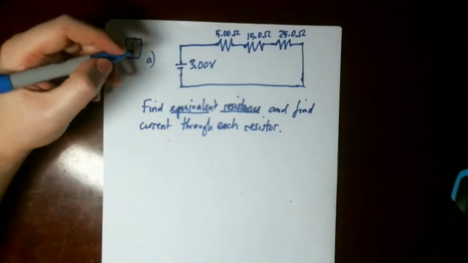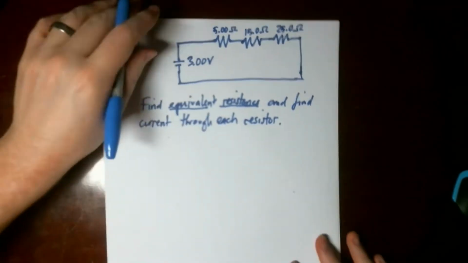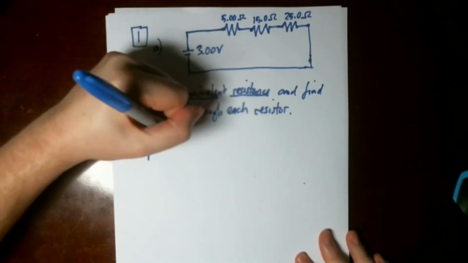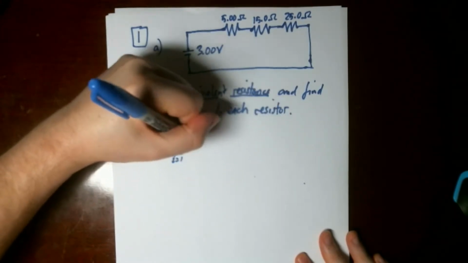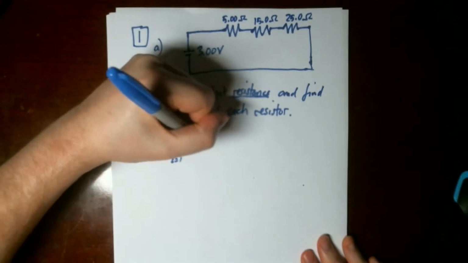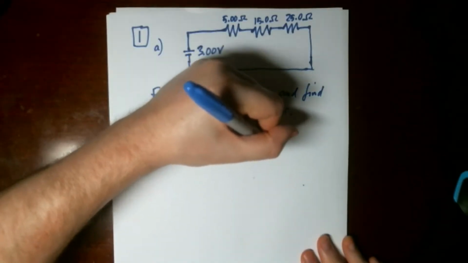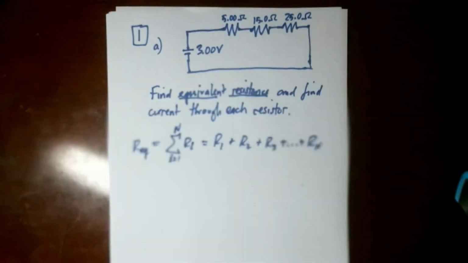All right. So equivalent resistance for resistors connected in series is straightforward. It's just the sum of the individual resistances. This is just a fancy way of writing out R1 plus R2 plus R3, etc., until you get to however many resistors you have.